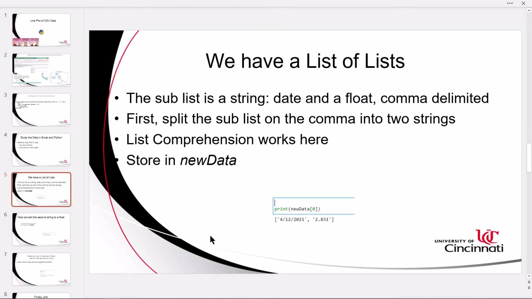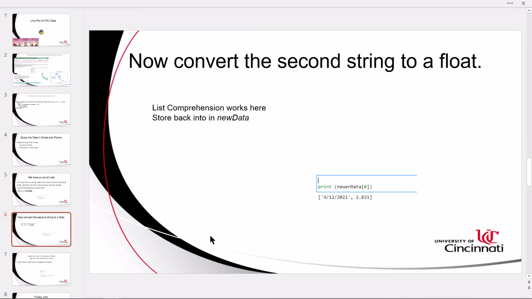So at this point, I have a list of lists, and each list in that list of lists is two elements. They're both strings, but they're separate now. They're not the same string.